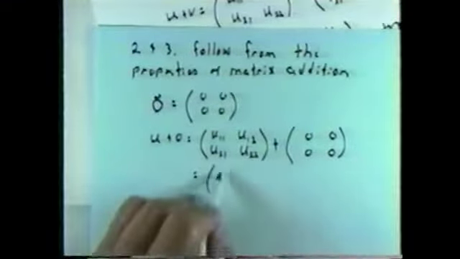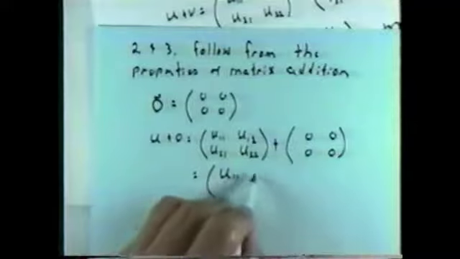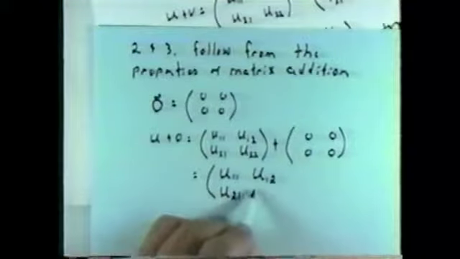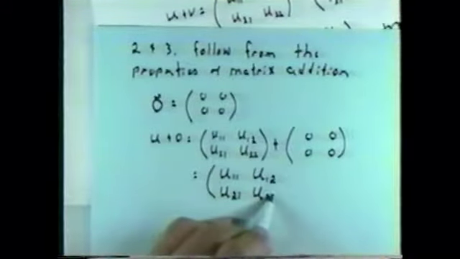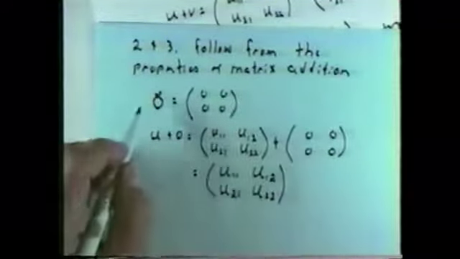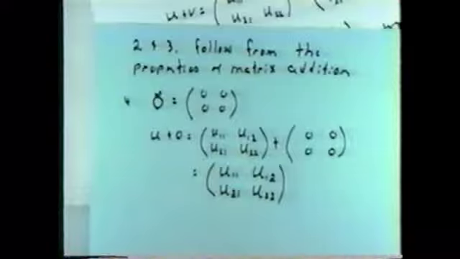Well, obviously this is just U11, U12, U21, U22, because U11 plus 0 is U11, U12 plus 0 is U12, and so forth. So this proves property 4.